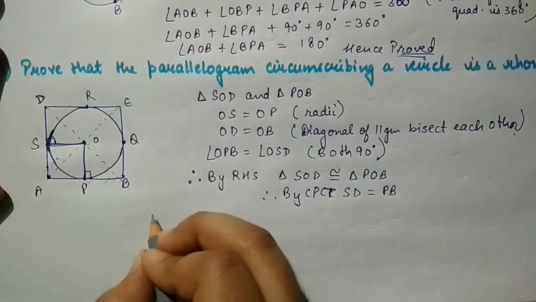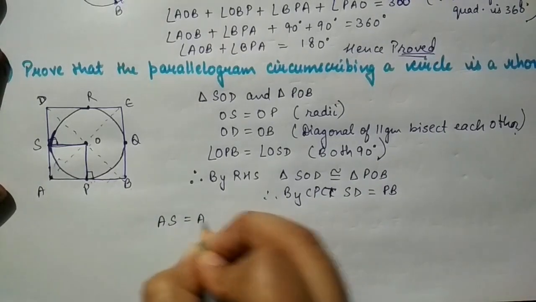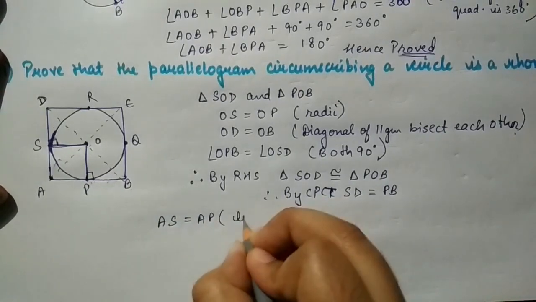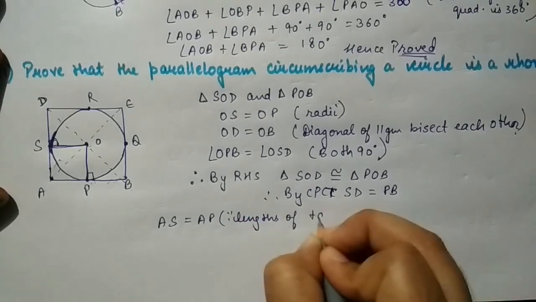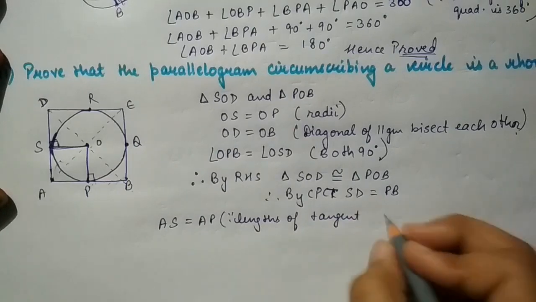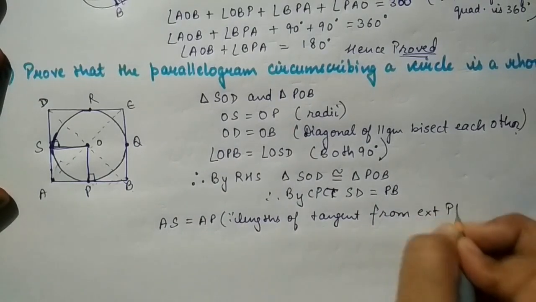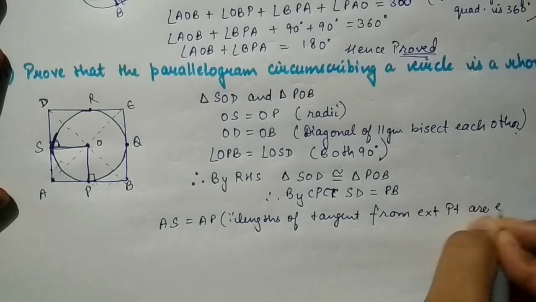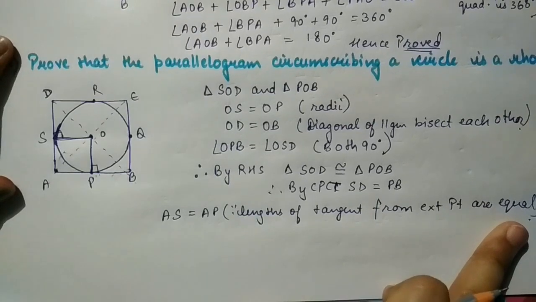So you will use that theorem and say that AS is equal to AP, because the lengths of tangents from an external point are equal. This was the reason.